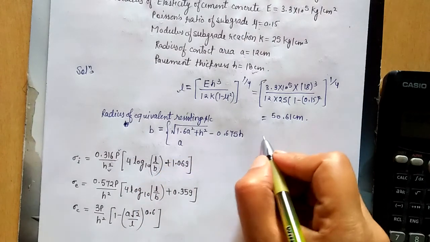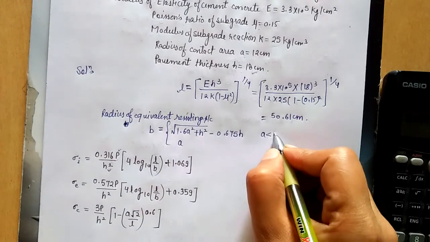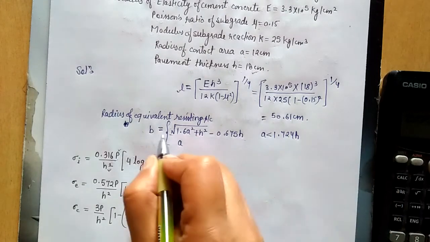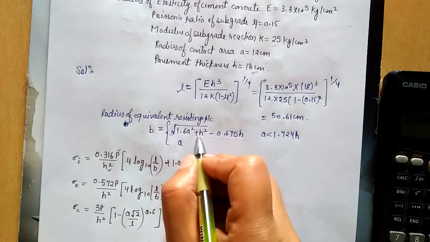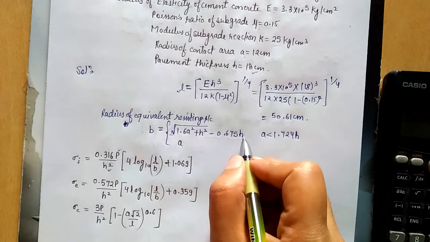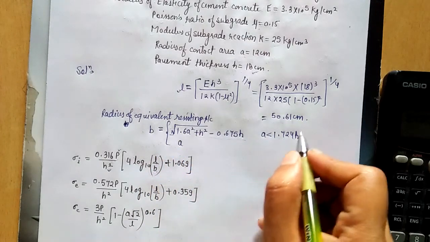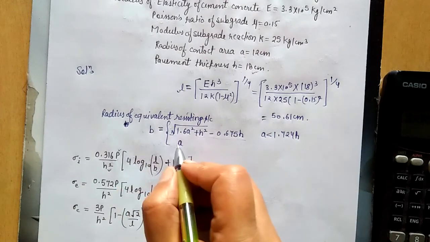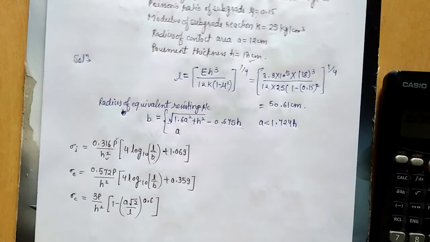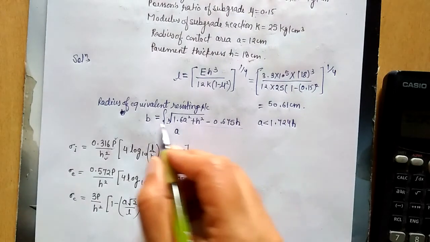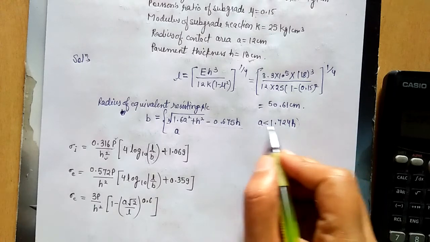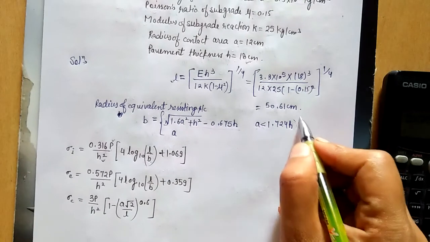This depends upon the condition. If a is less than 1.724 h, then we use b equal to under root of 1.6 a square plus h square minus 0.675 h, and if a is greater than this value, then we directly put b equal to a. So first of all we find the value of 1.724 h and check if it is greater than a or less than a.